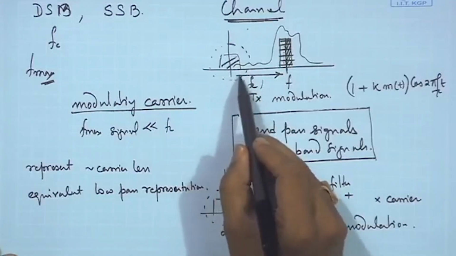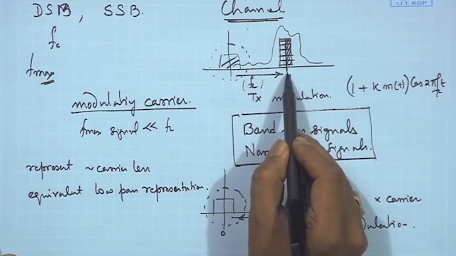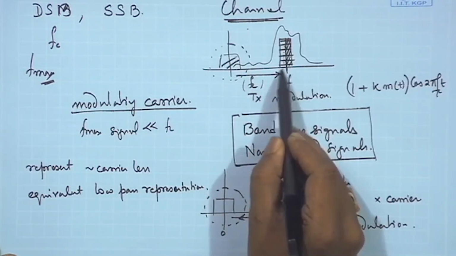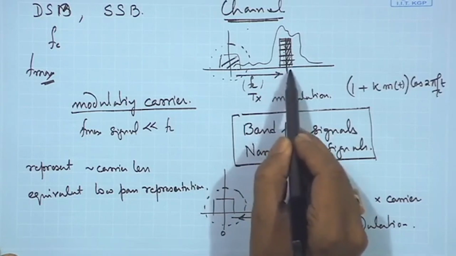So, what we are going to show you are the equivalent relationships of how the signal should be represented when we look at it in the equivalent passband. Now, why are we saying that we want to bring it back to the equivalent baseband? Because actually the signal is in the band here. So, this is the band pass signal.